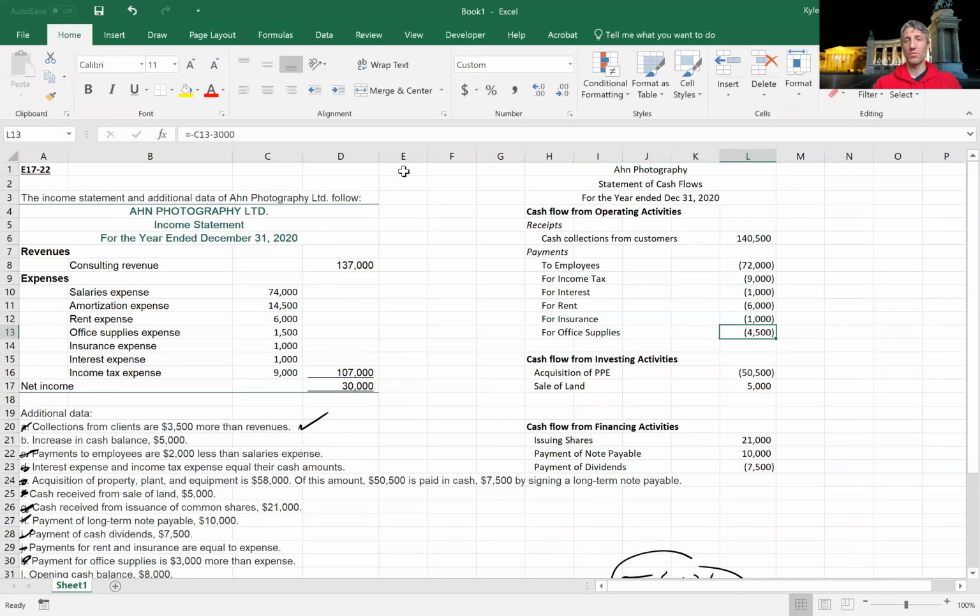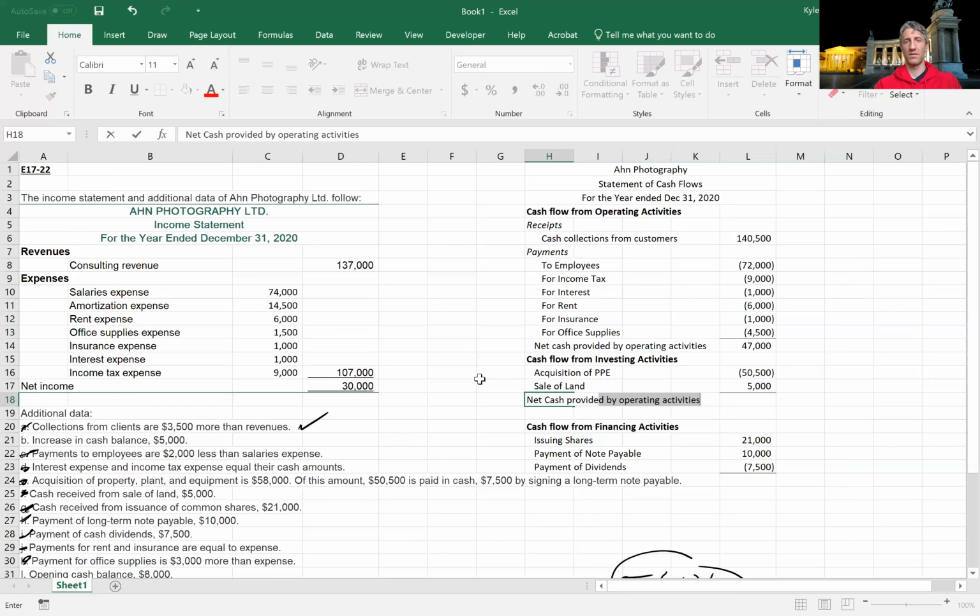So I'm going to do a total now. I'm going to do a subtotal for every section. So net cash provided by operating activities. I'm going to sum this up. And net cash provided by investing activities. Sum this up.